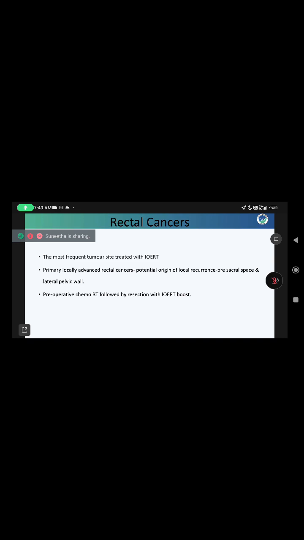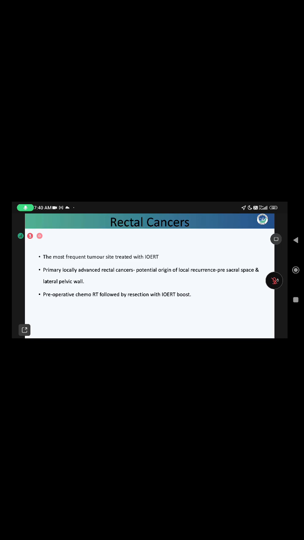Even in case of T4 tumors, in about 15% of the T4 tumors, we might not be able to achieve R0 resection even after neoadjuvant chemotherapy or neoadjuvant chemoradiation therapy. And positive margin is one of the negative predictive factors for local recurrence. The more the positive margin, the more the chances of local recurrence. We all know that. So these are the cases where IORT boost can help in negating this positive margin effect or improving the local control.